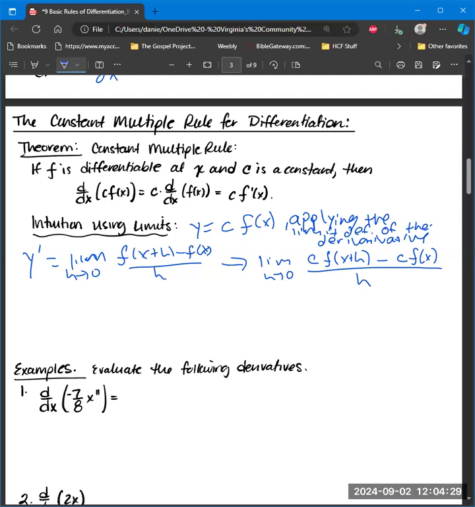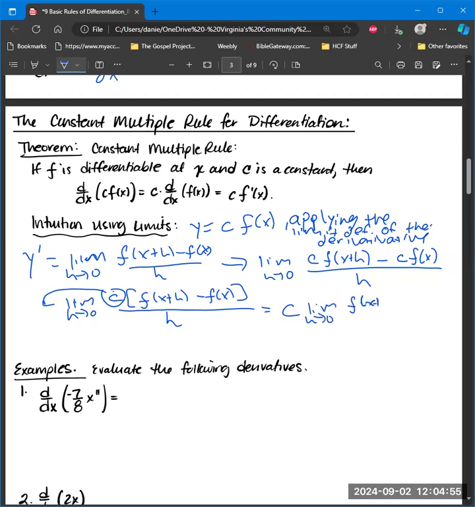Then that c can factor out. Limit as h approaches 0 of c times f of x plus h minus f of x divided by h. That constant multiplier out front can pass through the limit symbol, equal to c times limit as h approaches 0 of f of x plus h minus f of x divided by h, which is going to be c times f prime of x, where this is the definition of f prime of x.